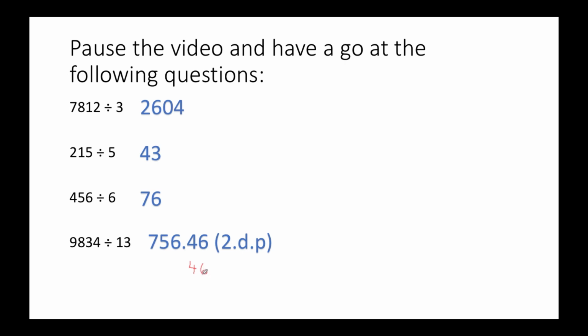Okay, forgive my terrible writing. 46153, and it just kept on going. 846153. So it just kept on going and going. So in this case, we rounded it off to 2 decimal places just there. Okay, so 756.46. Because this was a 1, this 6 stayed as a 6.